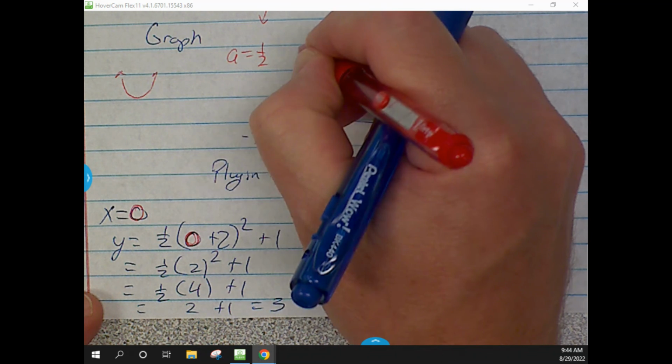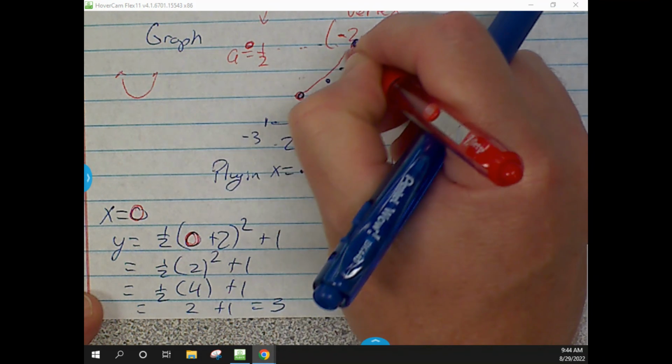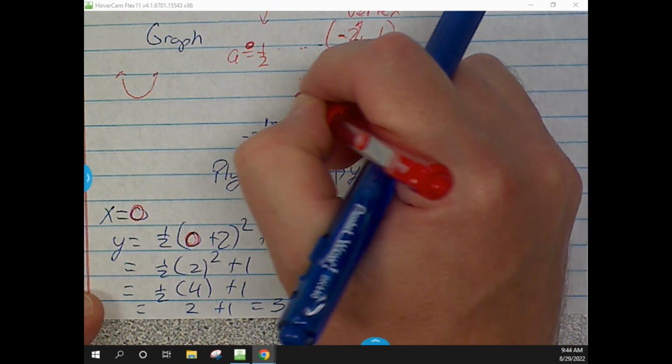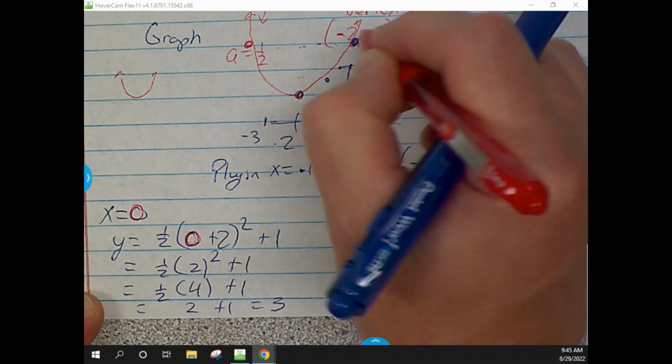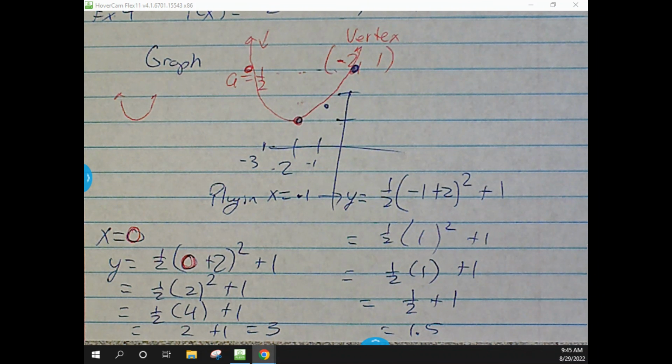So if we went up 2 and then back 2, that would put the next point back here. And that's terrible because that's going through all my points here. All right, so the bad news is if it's a fraction, there's not any quick, easy way to get there. You just have to plug in some numbers before you get there.